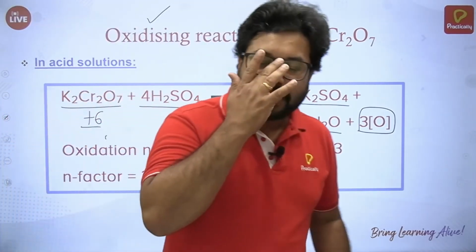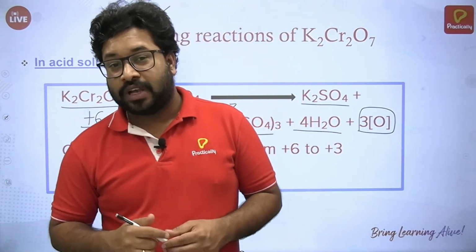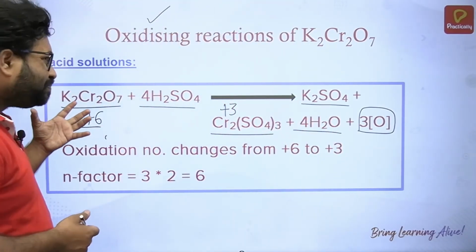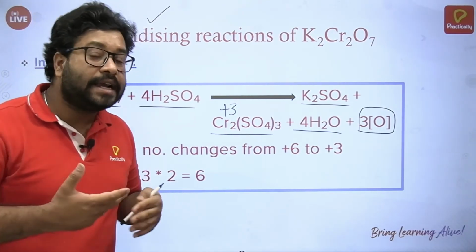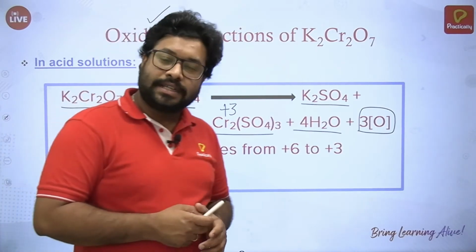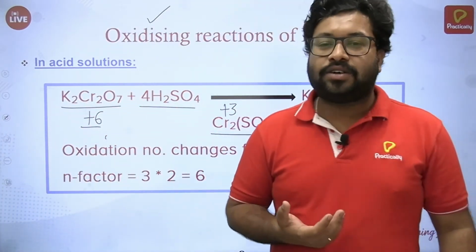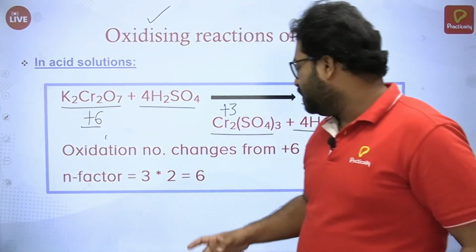So a factor of 3 into 2, how much is that? 6. Overall, this compound changes its oxidation number by a factor of 6. Basically, it gets reduced by a factor of 6, and that is why it can act as an oxidizing agent by a factor of 6 only.